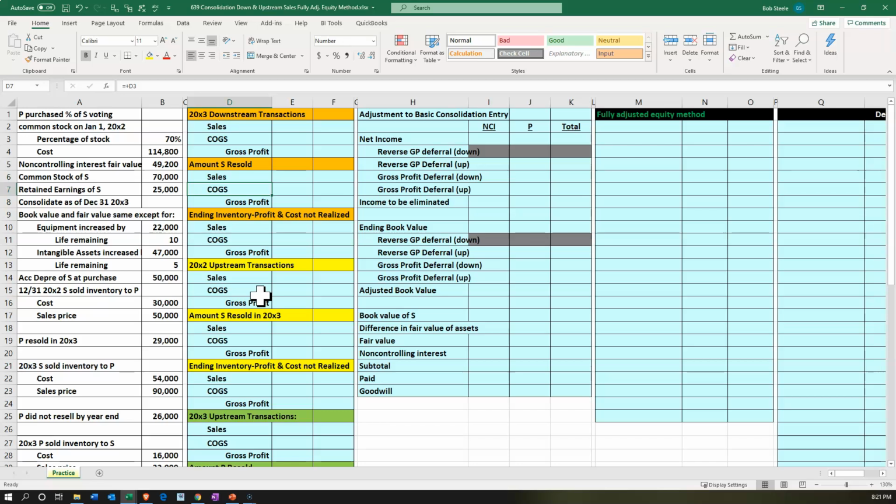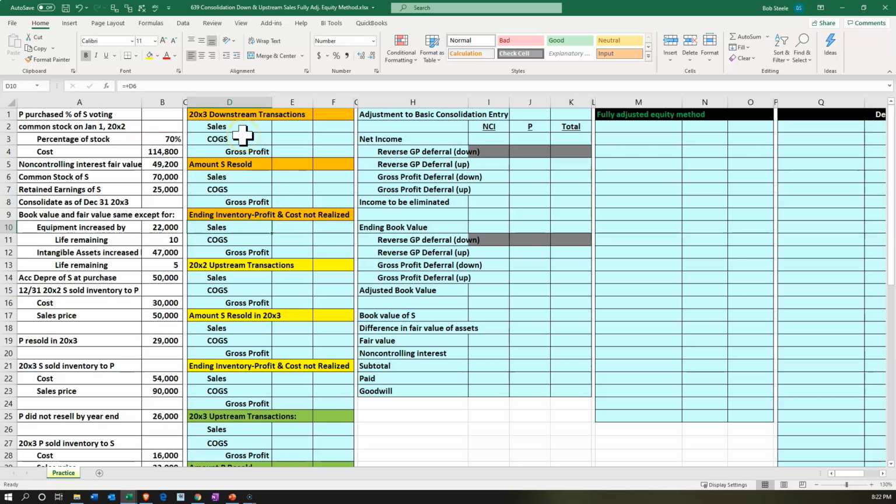But this time, the one transaction that happened in 2000X2 had no resales of that inventory in 2000X2, and it wasn't even all sold in 2000X3. So that's a little bit different than the prior problems, or probably the normal assumptions, which would be that it would all be sold from the prior year.